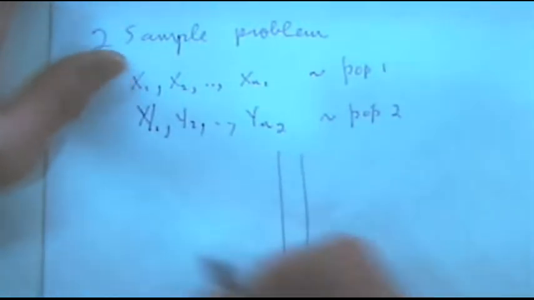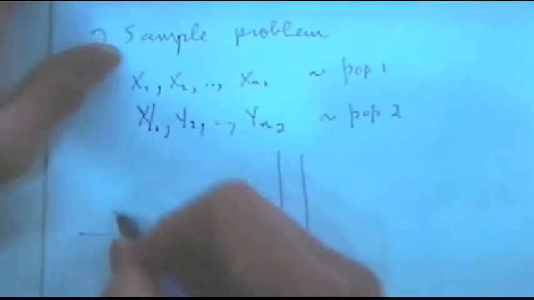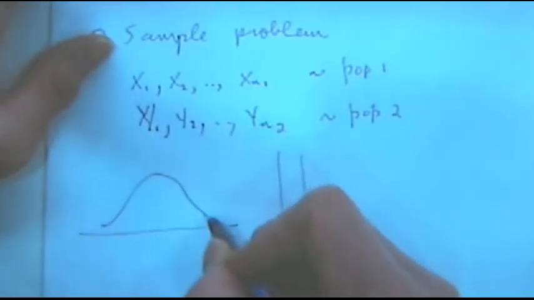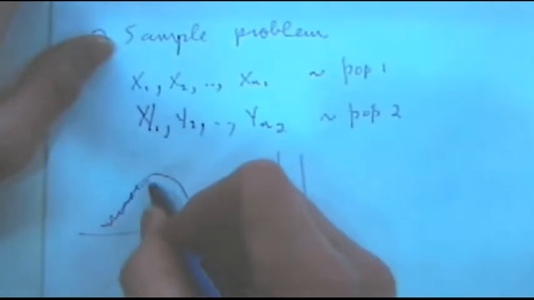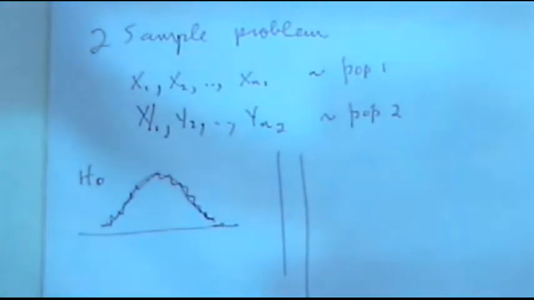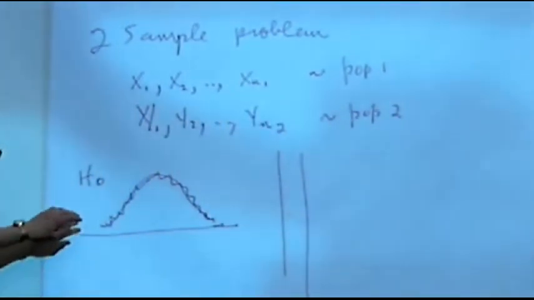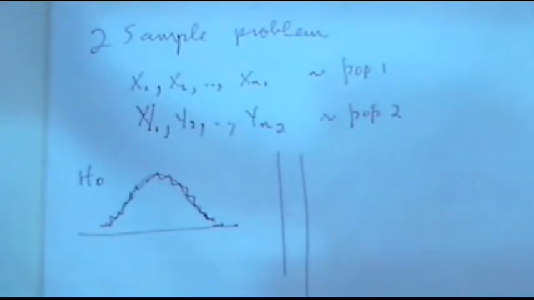So behind the wall, you have two populations. They could have the same distribution, but that would be like an H0. We don't really have two populations there, we just have one. We just think we do. That would be the natural null hypothesis, the populations are the same.